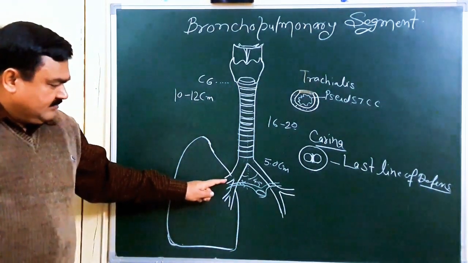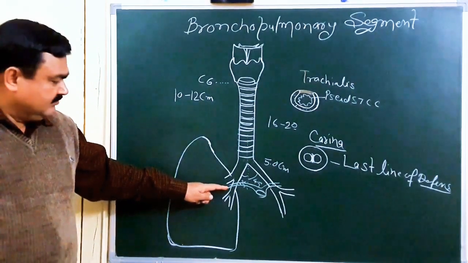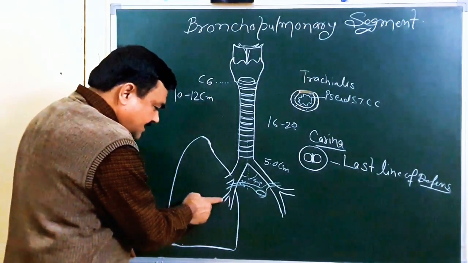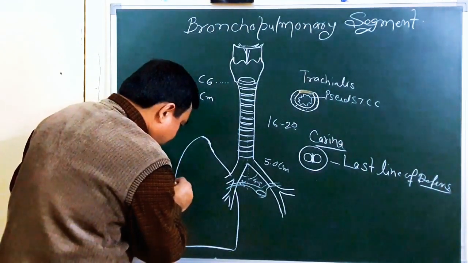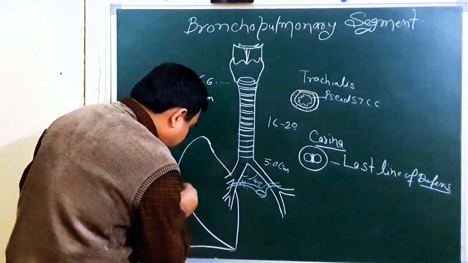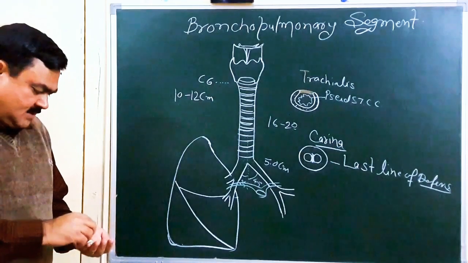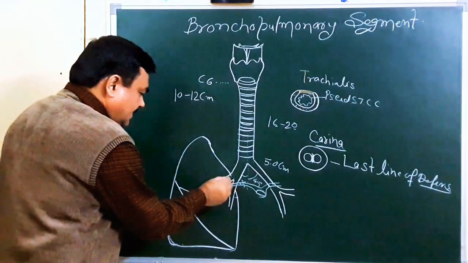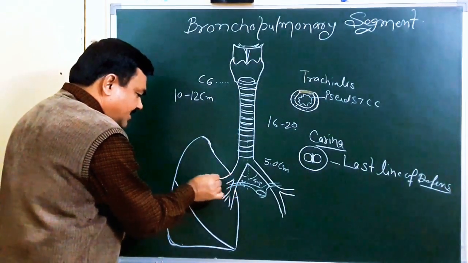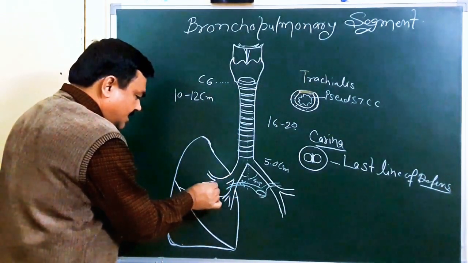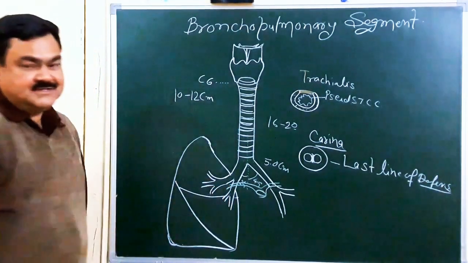This part is the epiarterial bronchus. This is the hypoarterial bronchus. These are 2 bronchi. Here is the third bronchus, and here is the oblique fissure. Here is the transverse fissure. This lower bronchus again divides into 3 tertiary bronchi. These are 3 tertiary bronchi.